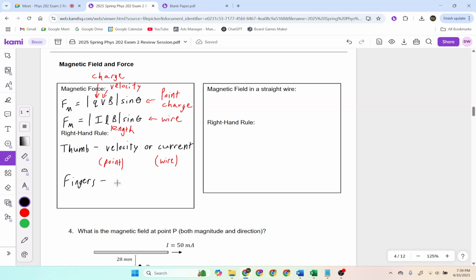Our fingers are going to point in the direction of the magnetic field. So just like you're making a handshake, thumb up, or at least thumb out, point your fingers out. That's the magnetic field. All 4 of your fingers, point them out. And then finally your open palm, that's going to point in the direction of the magnetic force.